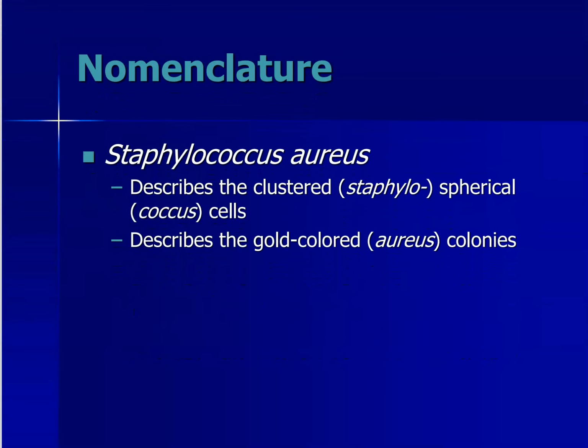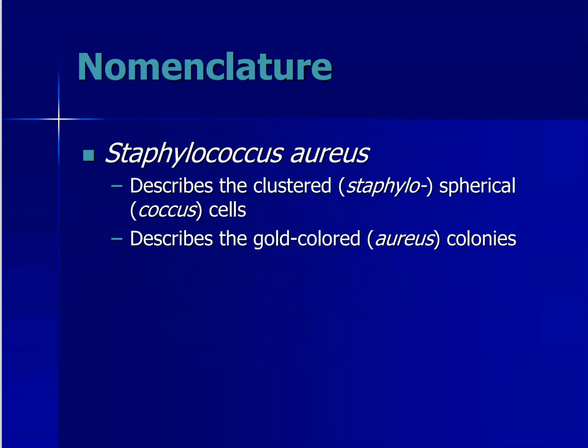Staphylococcus aureus is always a popular one because it's so descriptive. First of all, take a look at the rules here. The whole genus and species name is italicized here. The genus is also capitalized, and it's descriptive. Staphylo means clusters.